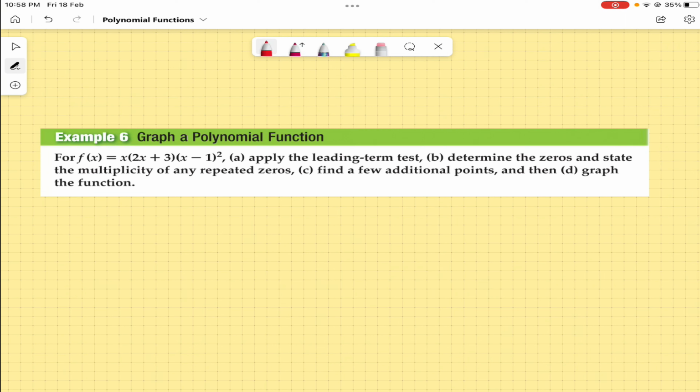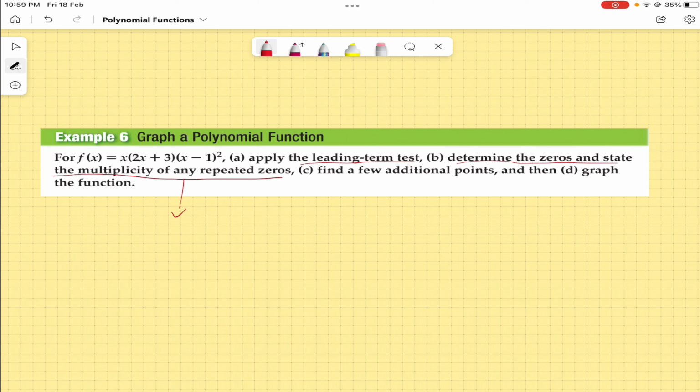The last part is how to graph a polynomial. We're gonna apply the leading term test. We're gonna find the zeros and the multiplicity and repeated zero. Multiplicity is how many times the zero or the solution is repeated.